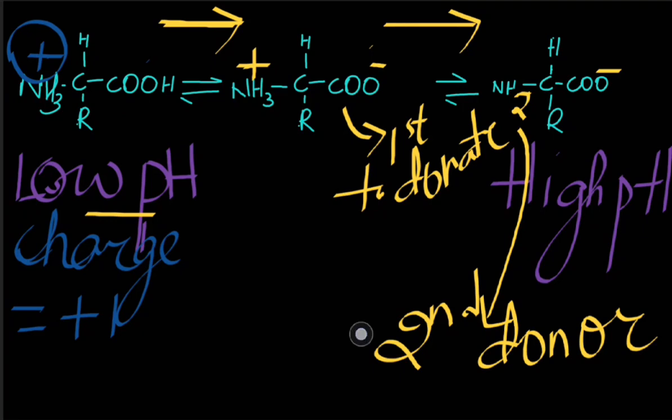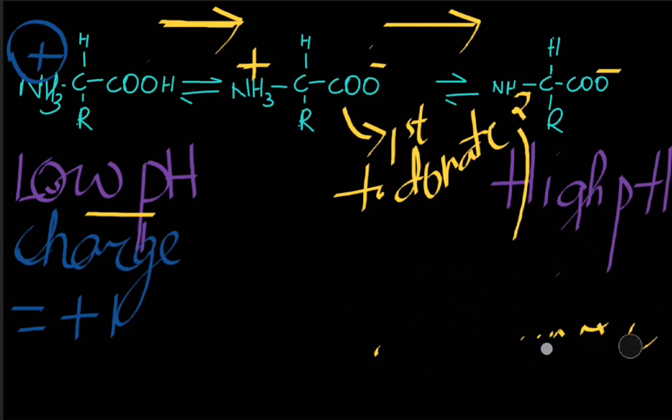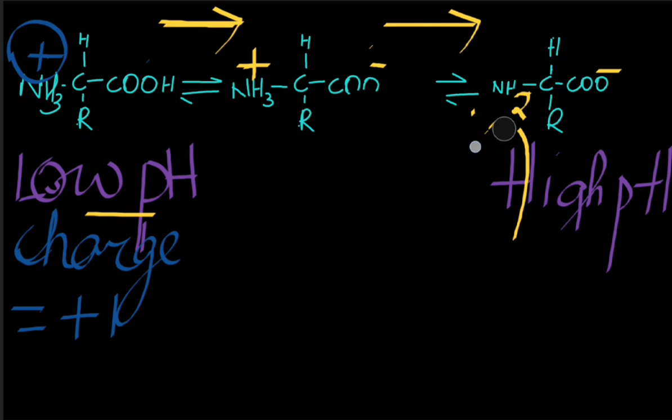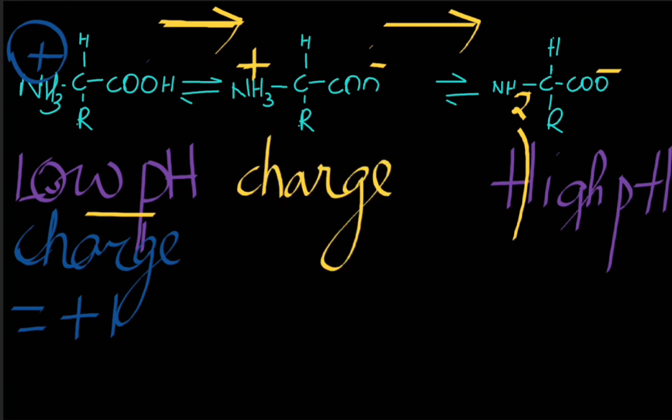Now if I talk about the charges, I'll just remove this because this looks very cluttered. When we talk about charge, what will be the charge of this particular molecule? It has a positive end and a negative end. So the net charge will be 0, right? Now what about this one?